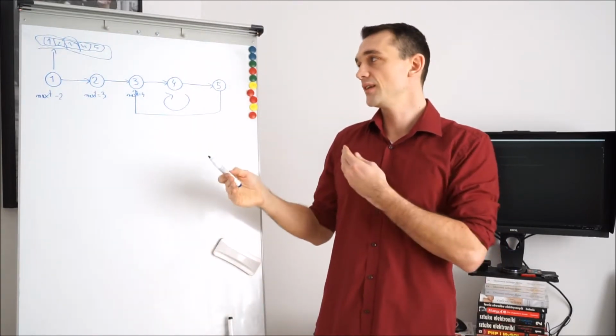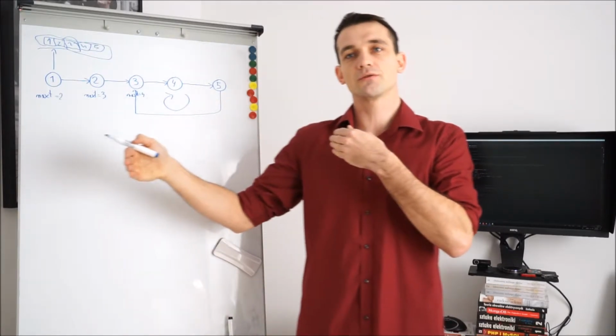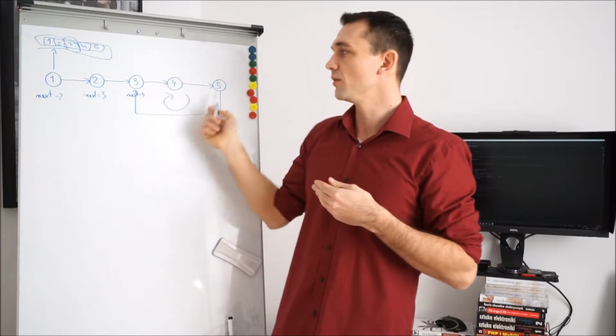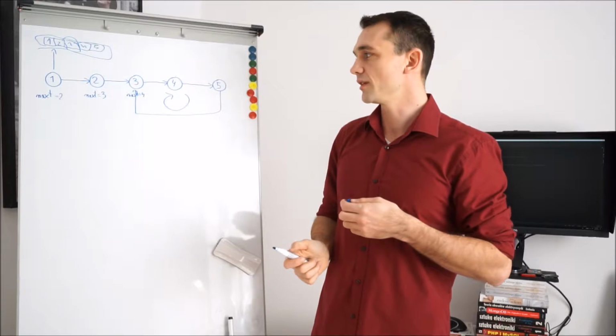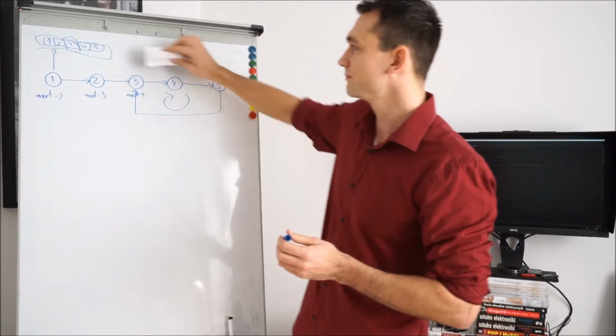If that's the case, we could end up with a visited structure equal in size to our linked list. We don't want that. We want to approach this problem in a different way.